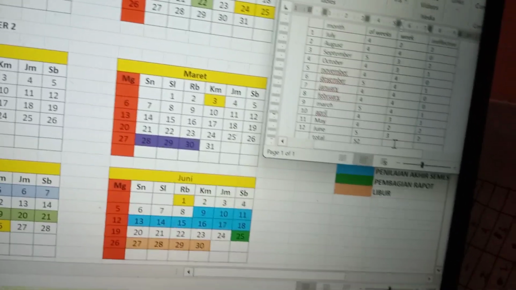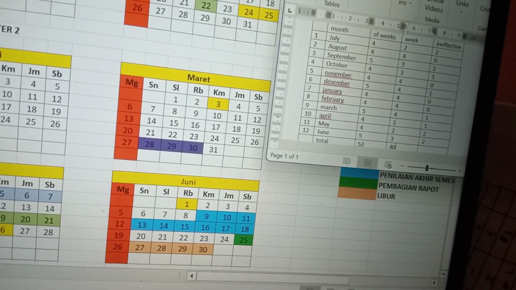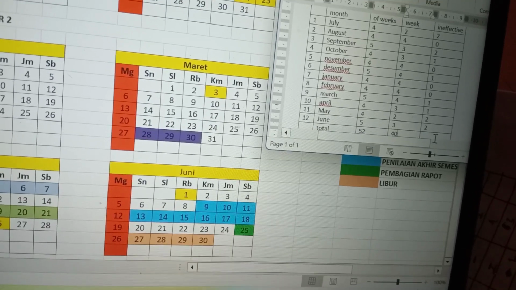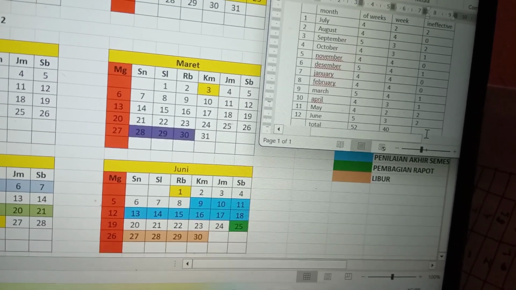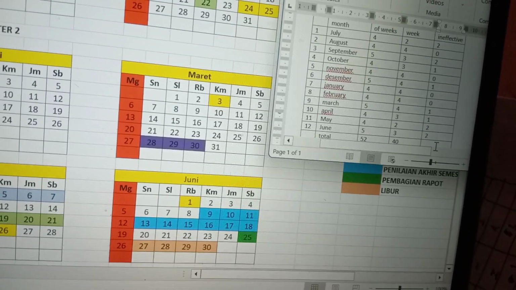So the effective weeks is 40, and the ineffective weeks is 12.